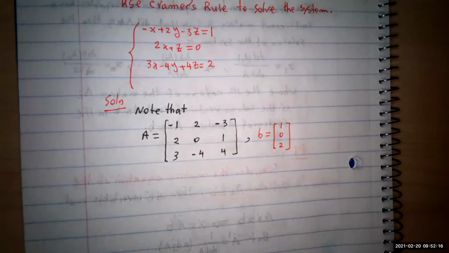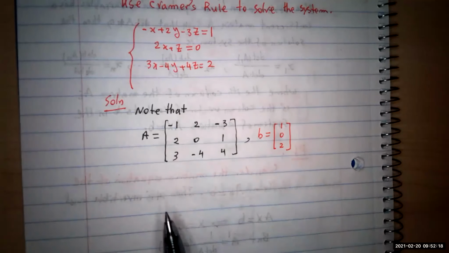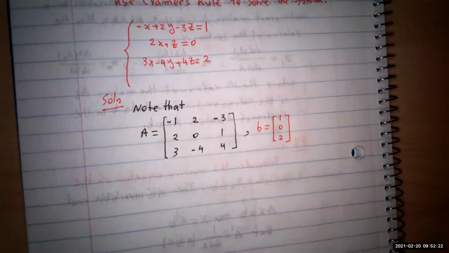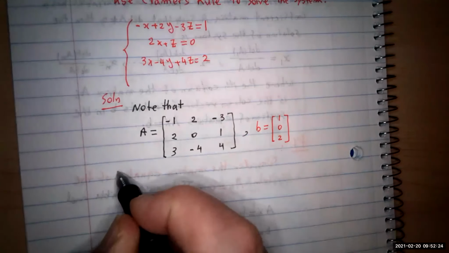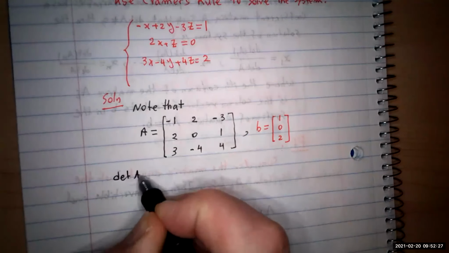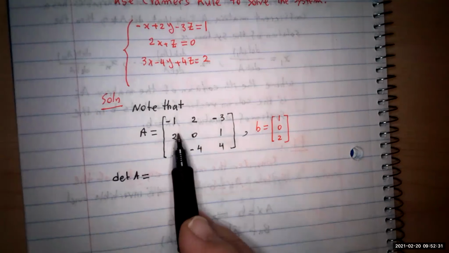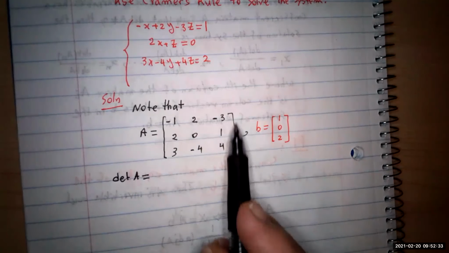So we check the determinant of A first. It's easy to find. Just use the usual method to find the determinant of a matrix. So what's going to be the determinant of A? The usual method will do it for you. Nothing to worry about. Just expand along the first row.